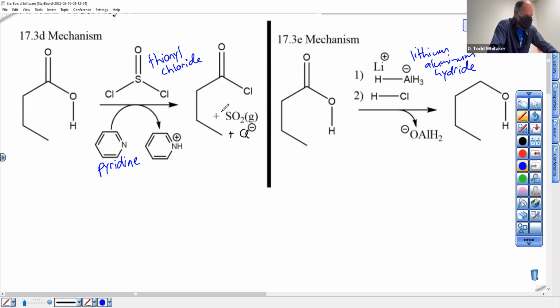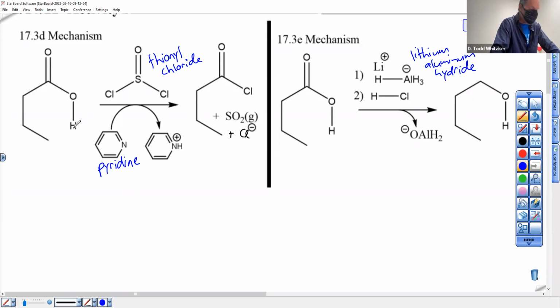Now, normally in the thionyl chloride reaction, when it was alcohols in chapter 10, we did the exact same reaction in chapter 10, people. Mechanism's almost the same, except you do have to be cautious that this is a carboxylic acid. And in chapter 10, this base could not take the H off of an alcohol, which is not a very good acid at all, right?